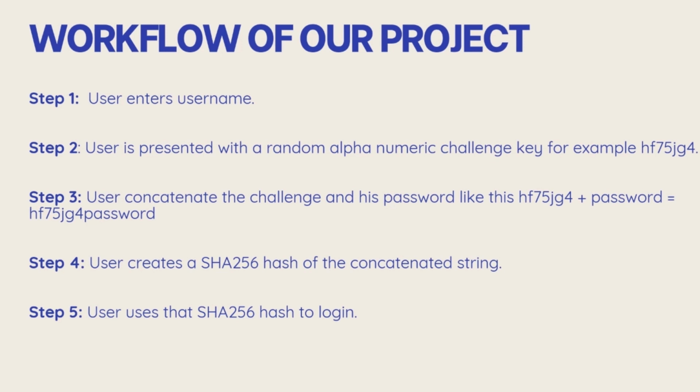Then the user concatenates the challenge and his password, like this: HF75JJ4 plus password. The fourth step, the user creates a SHA-256 hash of the concatenated string. Finally, the user uses that SHA-256 hash to log in.